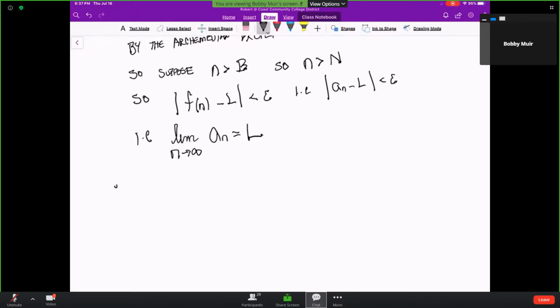Okay, so like the advantage of this, what would be the limit as n tends to infinity of 3n squared minus n plus 100 over 4n squared plus n minus 1?